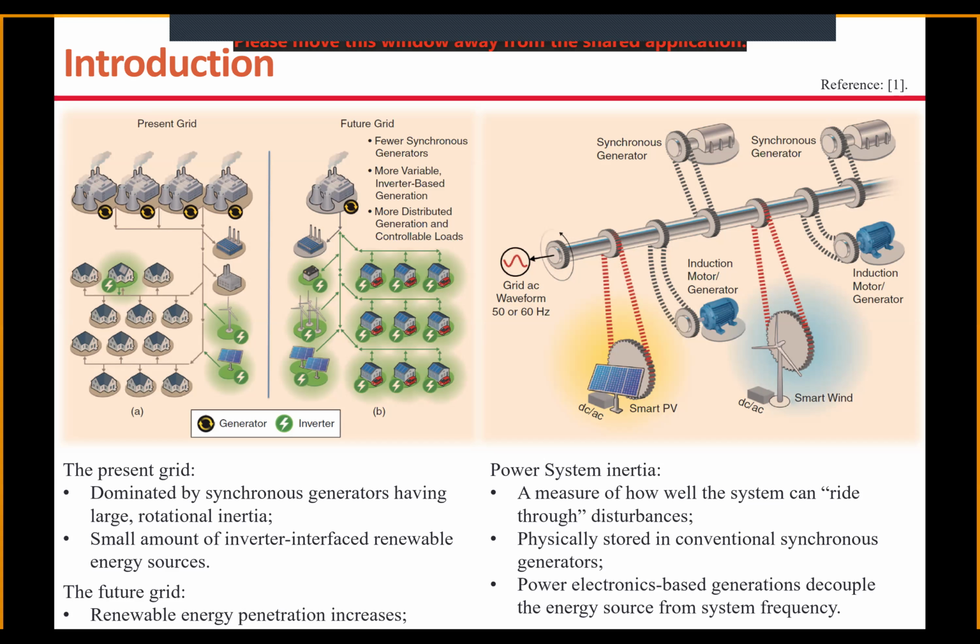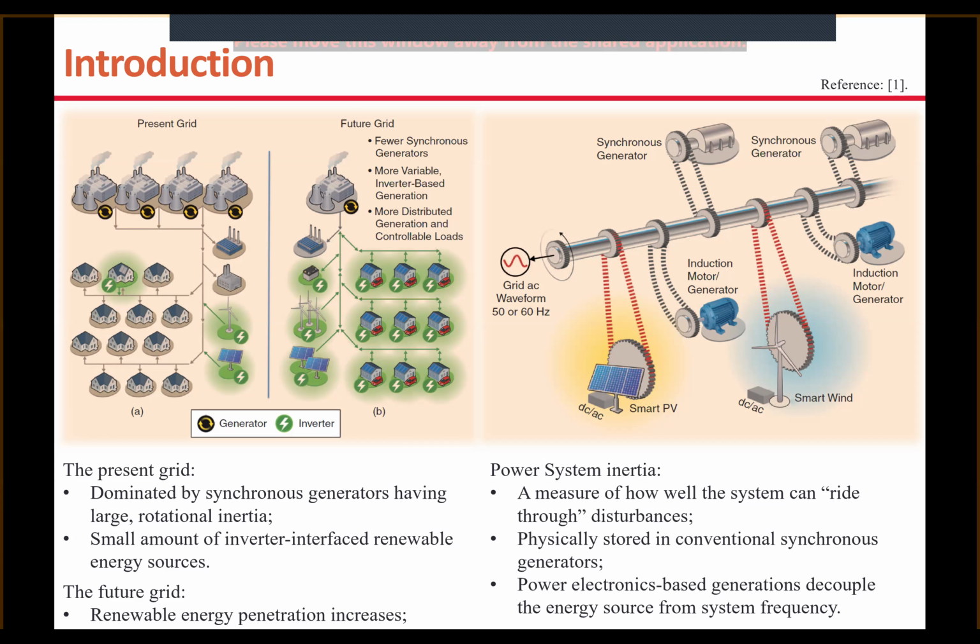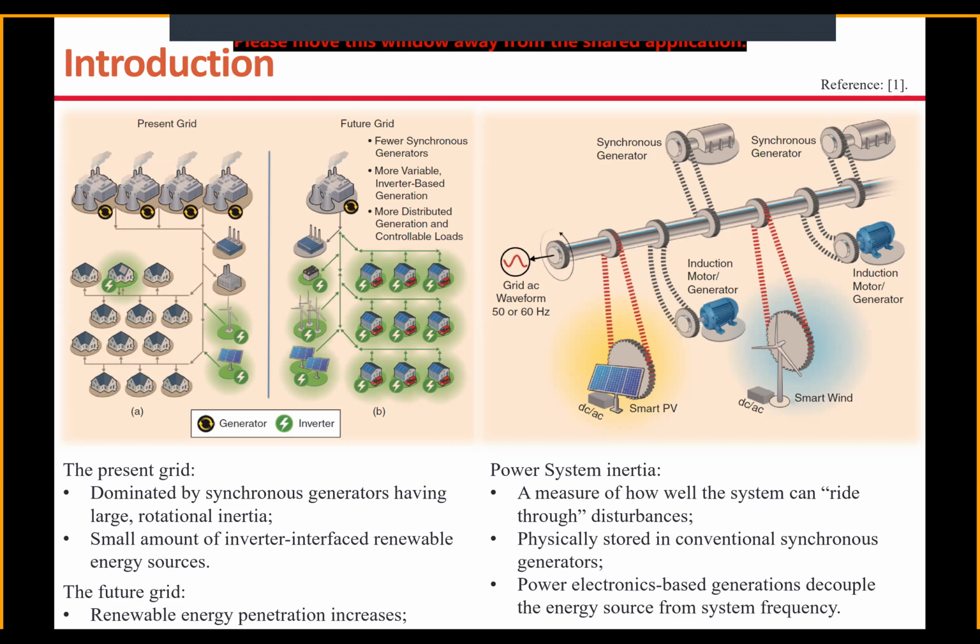But the difference from the conventional synchronous generator is that the synchronous generator maintains the power system frequency. The central shaft rotation speed is directly controlled by the rotor of the synchronous generators.